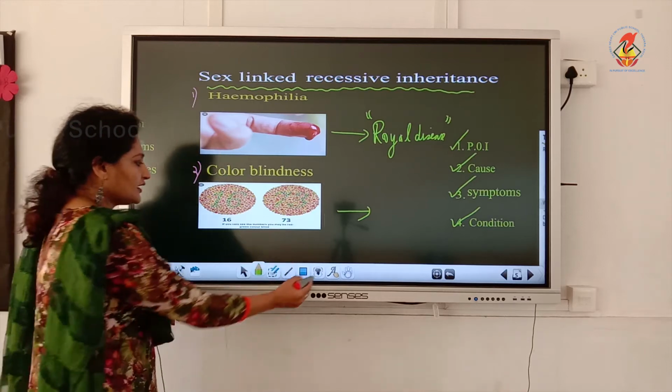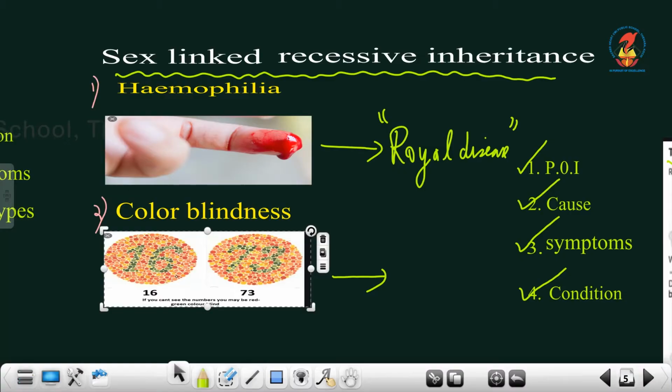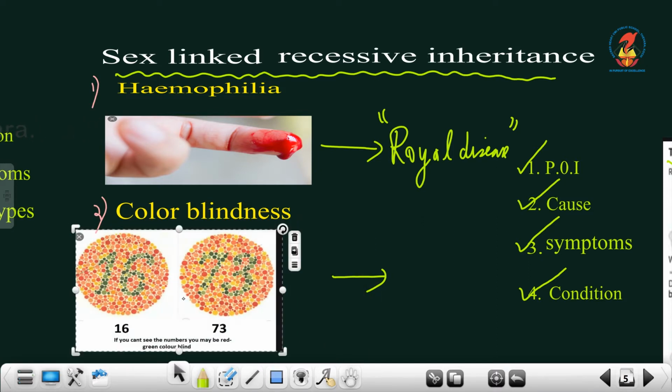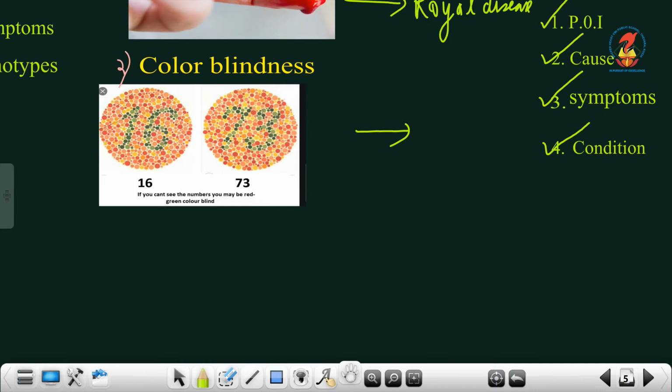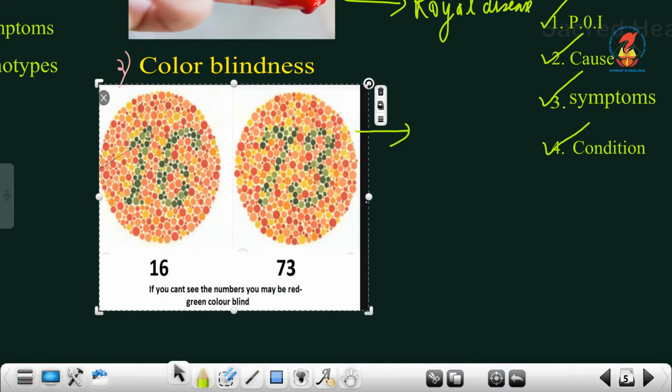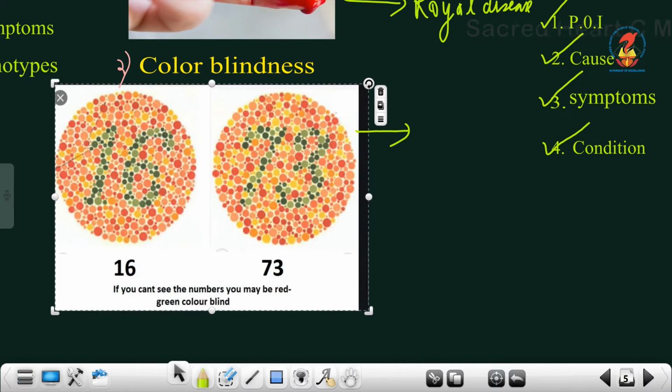And now I have shown the Ishihara's plate. It's a detection for color blindness. See, this is the Ishihara's plate, which is used to identify color blindness. Now, you also look at this plate. Are you able to read which number you can identify from this pattern template?